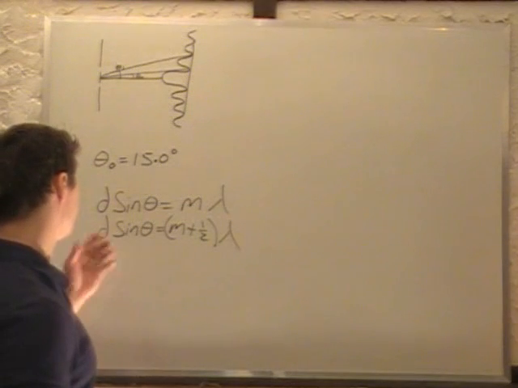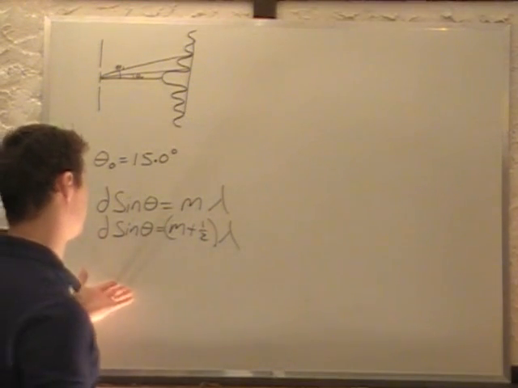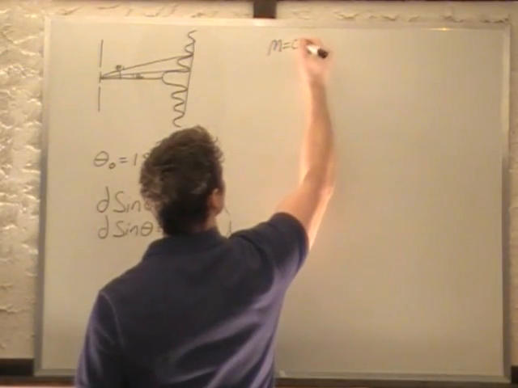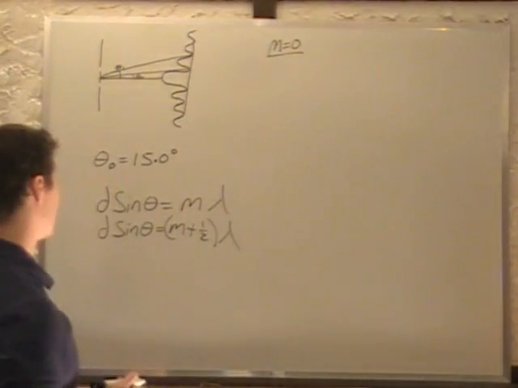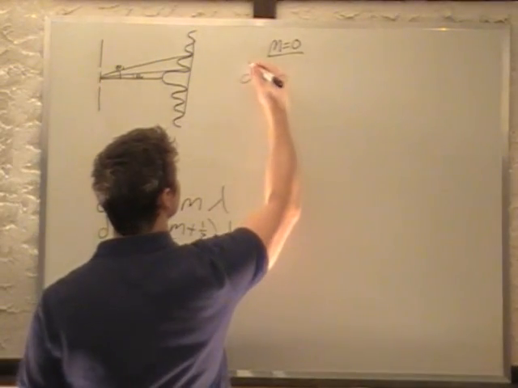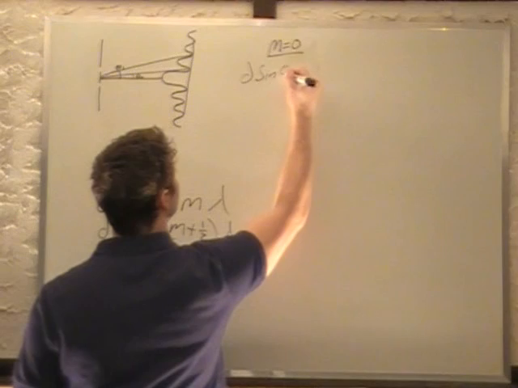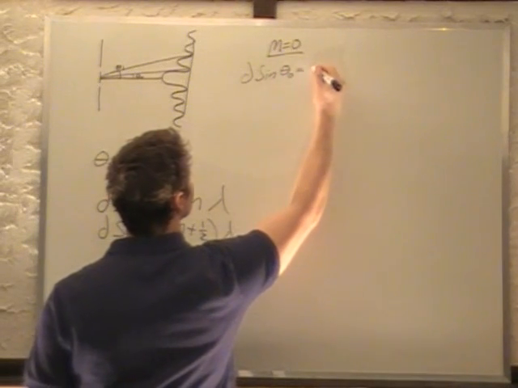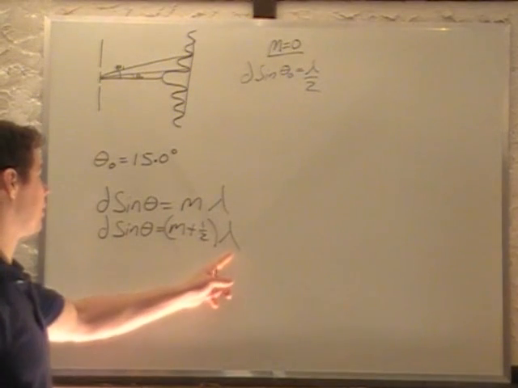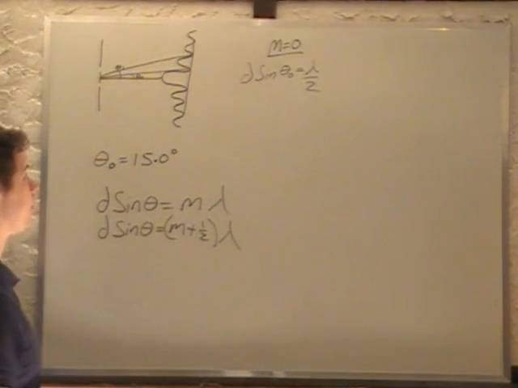So in the first case, we have m equals 0. We're going to have d sine theta equals lambda over 2. Just plug in 0 for m, and that gives me wavelength times a half, which is lambda over 2.